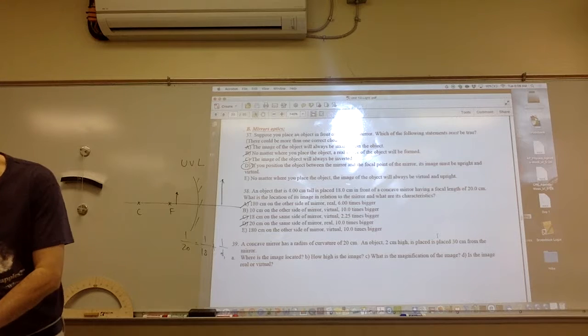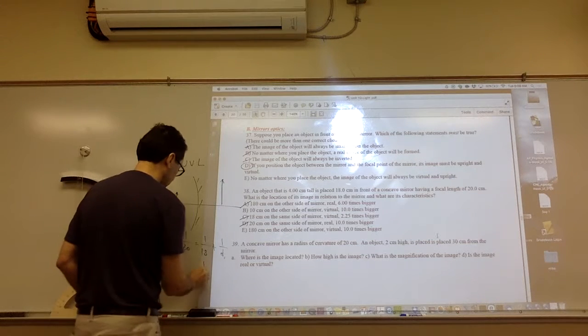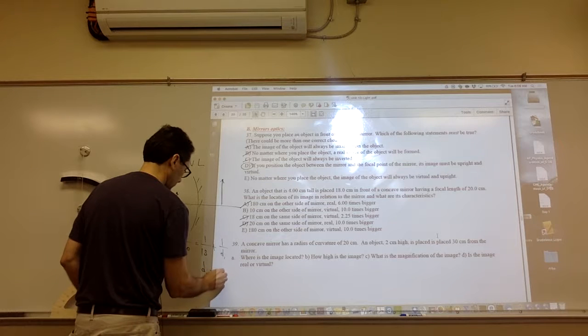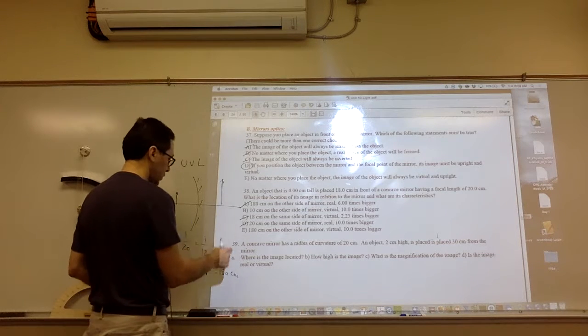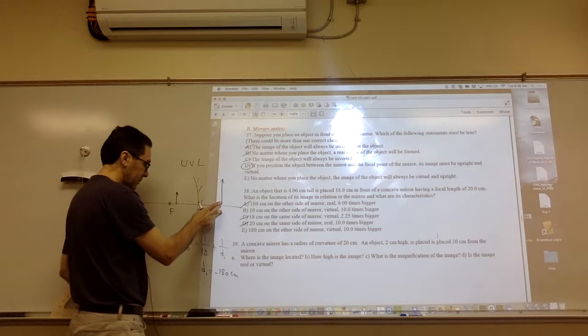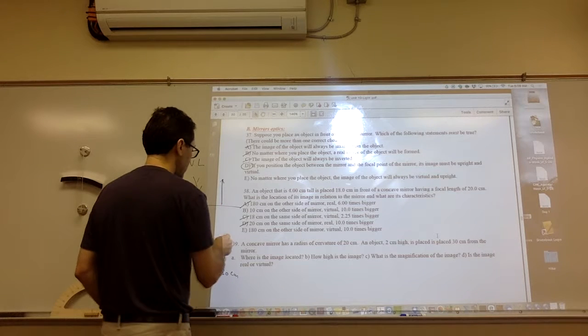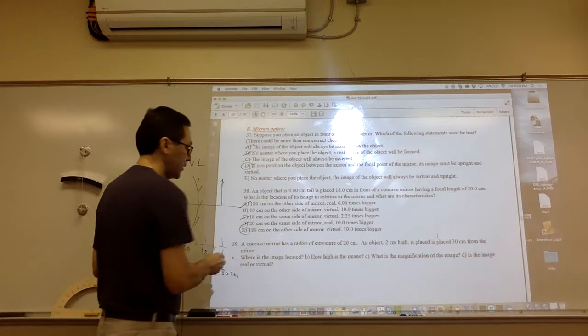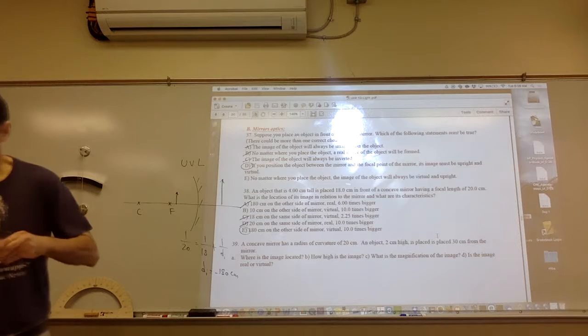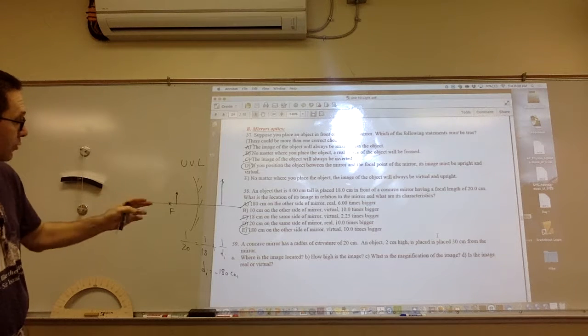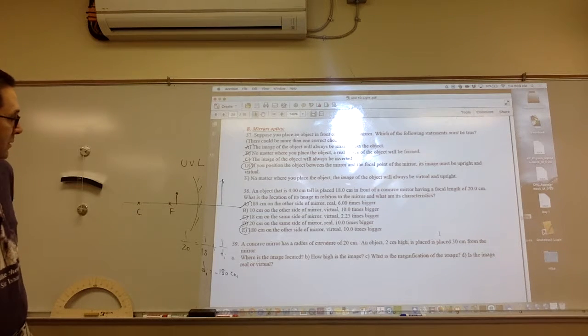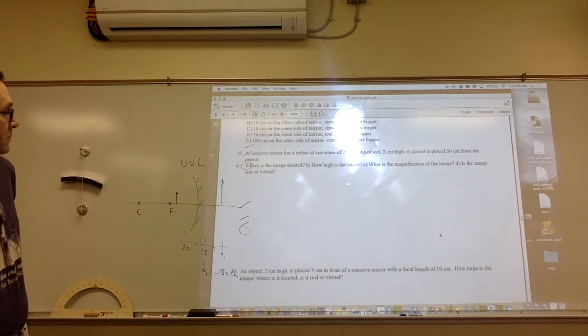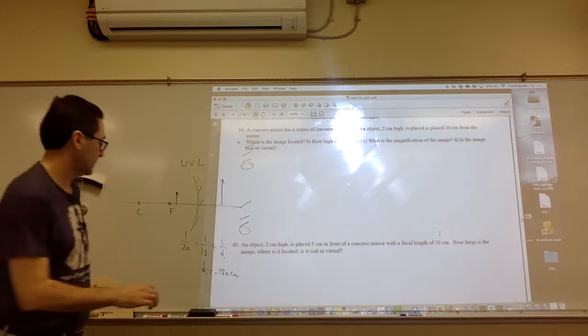So I did the math already. di happens to be negative 180, which actually means that it's 180 behind the mirror. So the answer should be E. We could have just done the math and figured out that it's 180. Number 39.